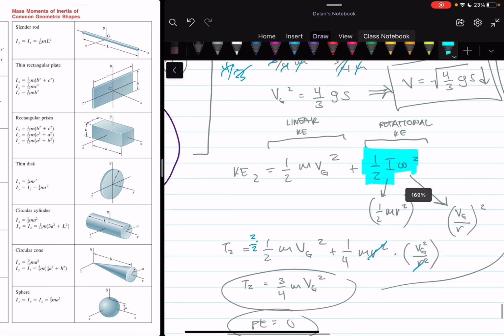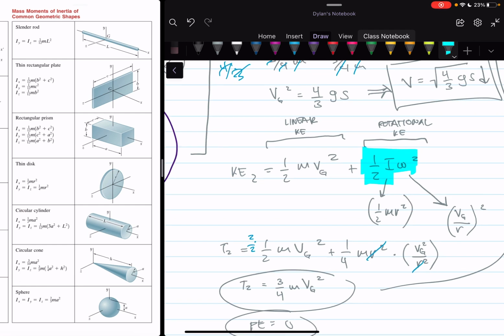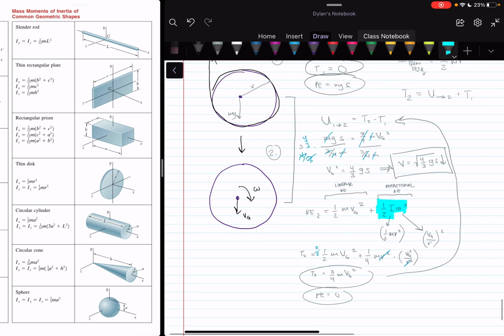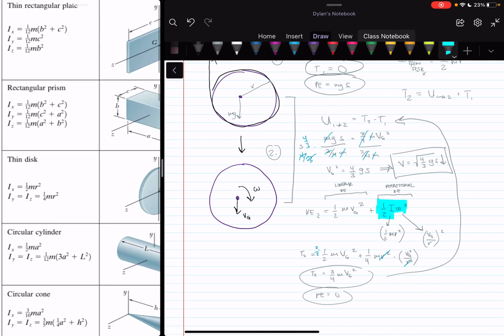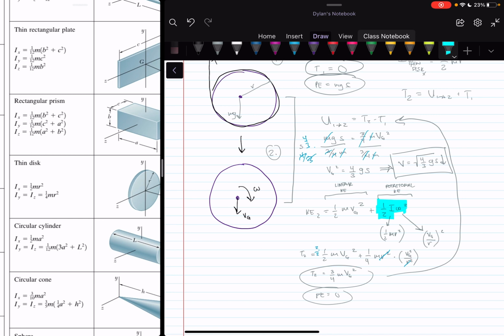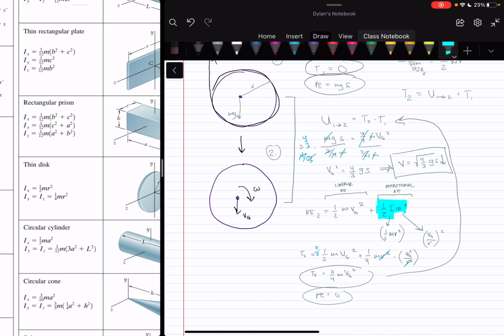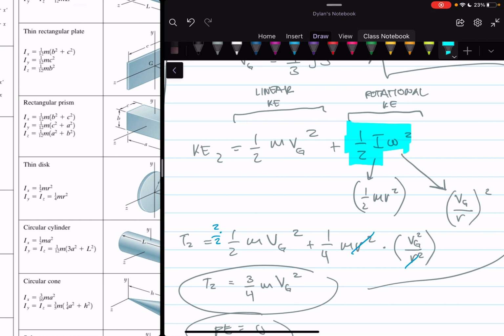So this is 1/2 I omega squared. However, we know our moment of inertia, I, for a thin disk, and based upon looking at the photo, it's rotating about the x. So we would take the Ix formula, which is 1/2 mr squared, and plug that in.